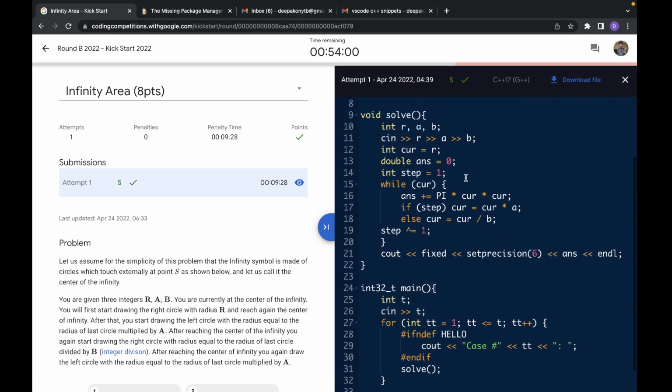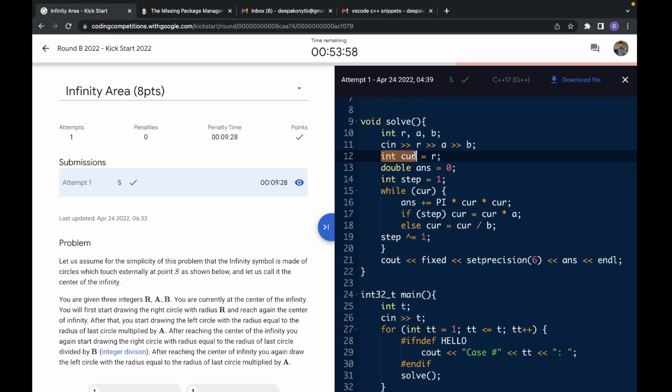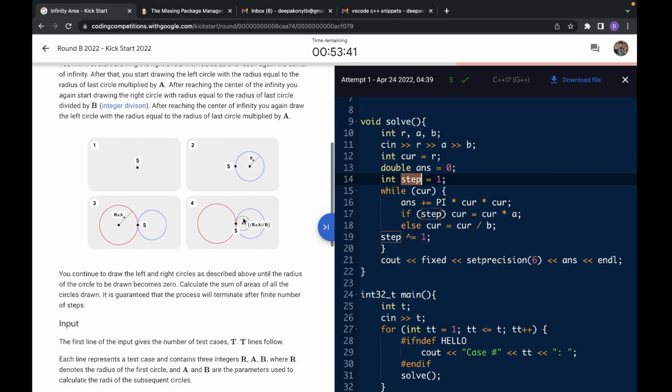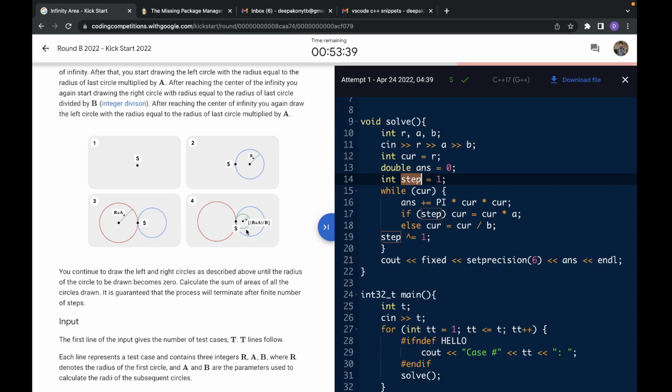So this is what I did. I had a variable which stored the initial radius, and then I had a while loop. This while loop runs as long as my radius is non-zero. Every time I form a circle, I add that to my answer. And I have this flag variable to tell me what side I'm on. So if I'm on the right side currently and I have to go toward the left side, I'll multiply by A, right?